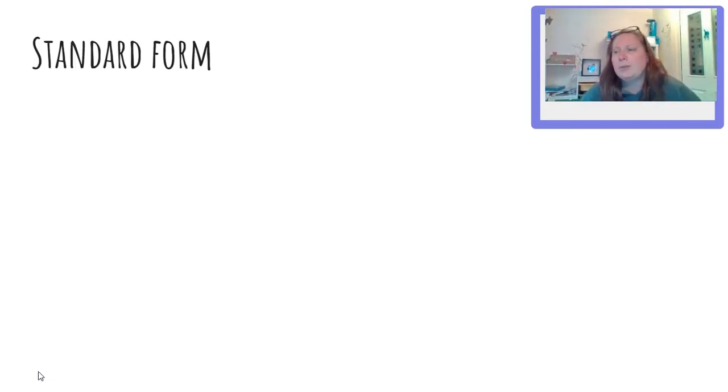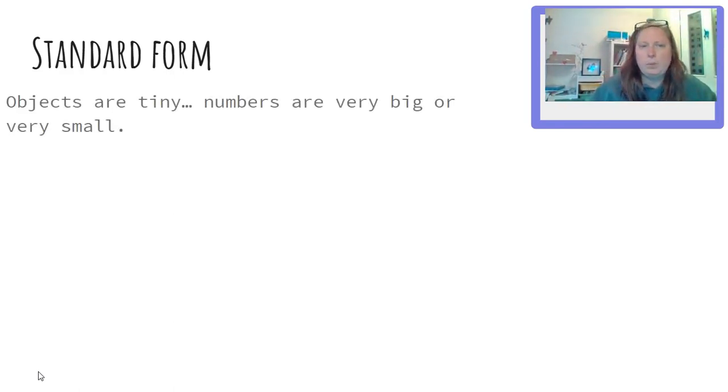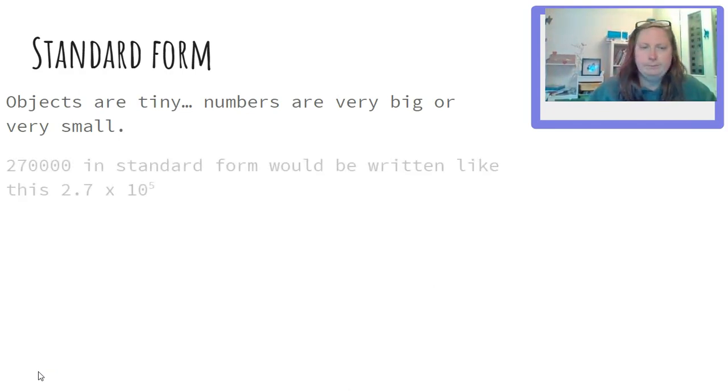Okay, you need to know how to work with numbers in standard form as well, because microscopes can see such tiny objects. Sometimes it's useful to write numbers in standard form. This is where you change very big or very small numbers with lots of zeros into something that's more manageable. So we're going to use this example. 270,000 in standard form would be written like this: 2.7 times 10 to the power 5.